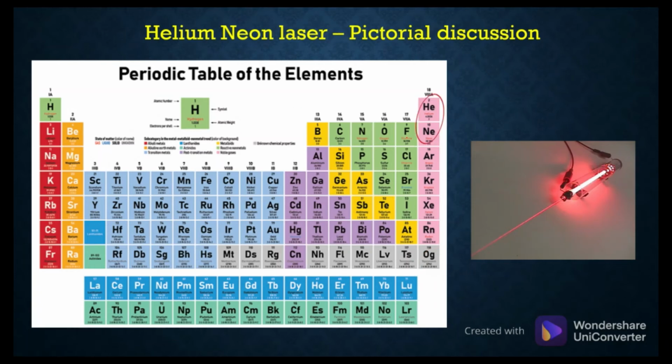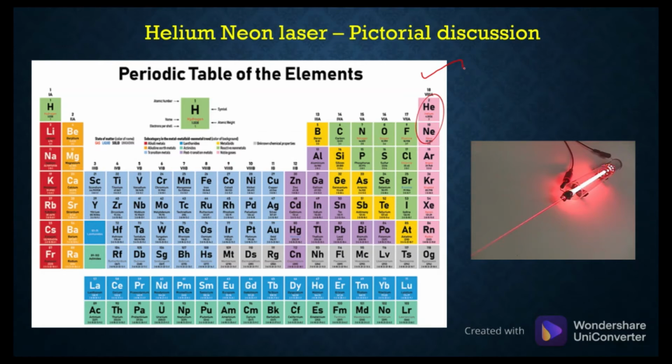My dear friends, please see here the periodic table of elements. As I told you in the introductory lectures, atoms of all different species cannot be used for laser action, because suitable or favorable energy levels should exist in those atoms for realizing laser action.